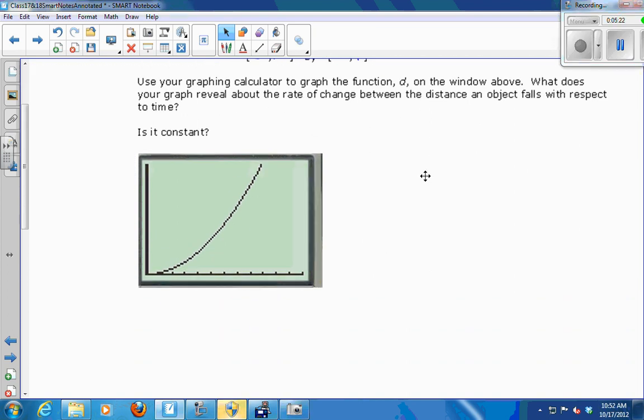Okay, what does our graph tell us about the rate of change between the distance an object falls with respect to time? Is it constant? Is it falling at a constant speed? No, how is the speed changing? Exponentially getting faster, right? So the rate of change is not constant. It's speeding up.